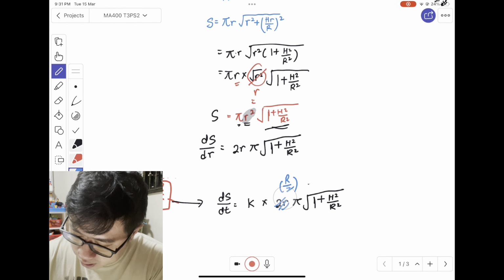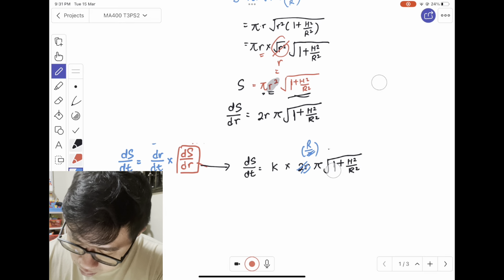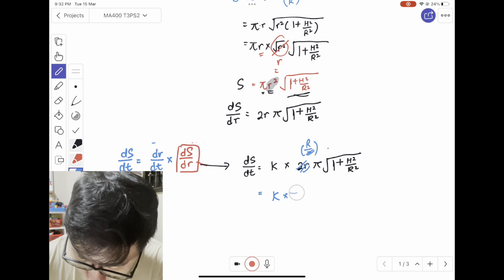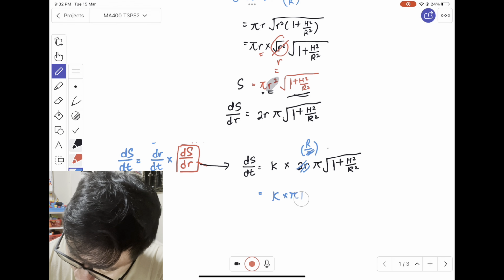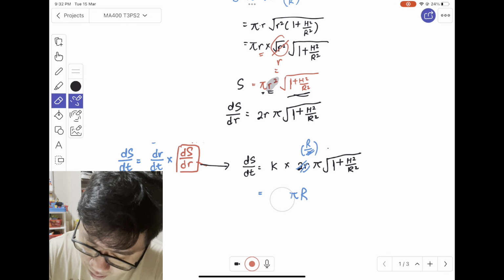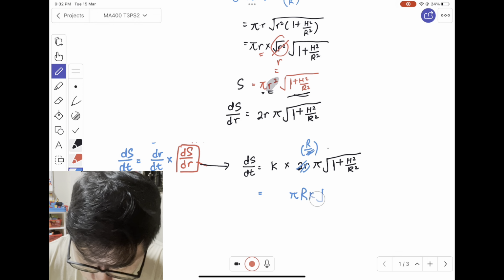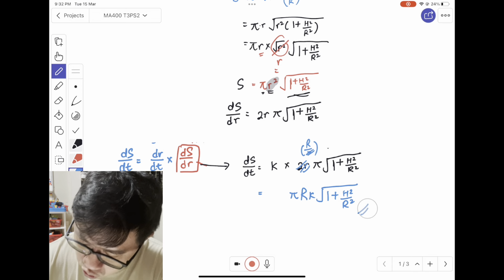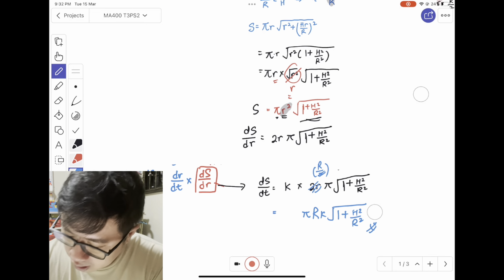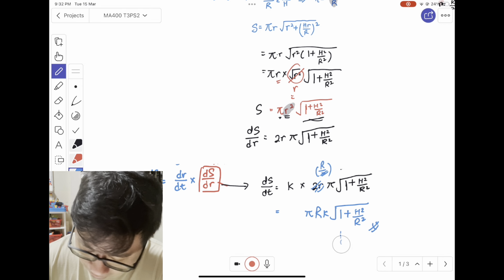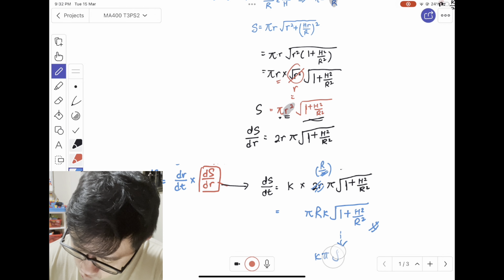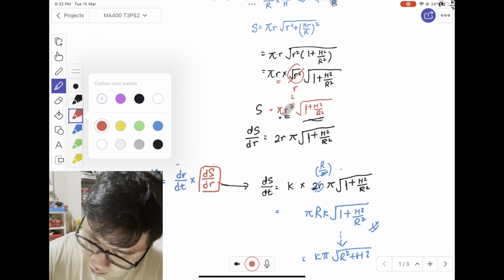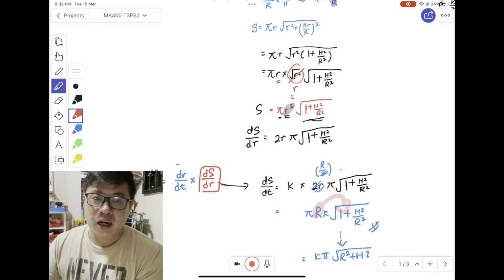Okay, so simplifying this, cancel. Then your ds/dt is just k multiplied by pi multiplied by R. You can write it as k pi R times the square root of 1 plus capital H squared over R squared. And with that, you can simplify to your final answer, which is k pi times the square root of R squared plus H squared, simply by bringing the R into the radical sign.